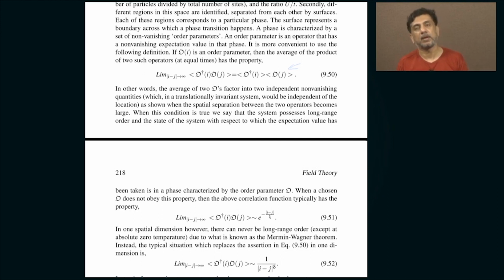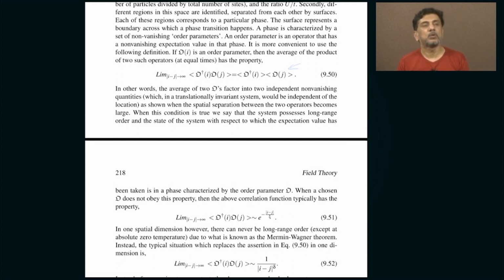That means this product vanishes as the separation between i and j increases. So, what that means is that this particular operator certainly does not describe any particular order. The system is not in any ordered phase according to that particular operator.